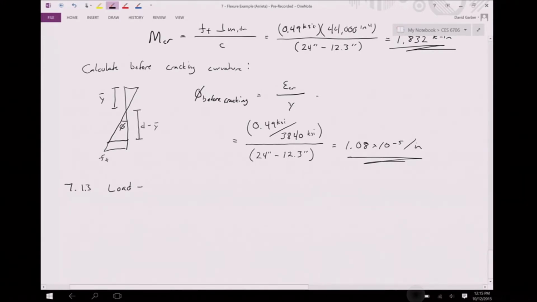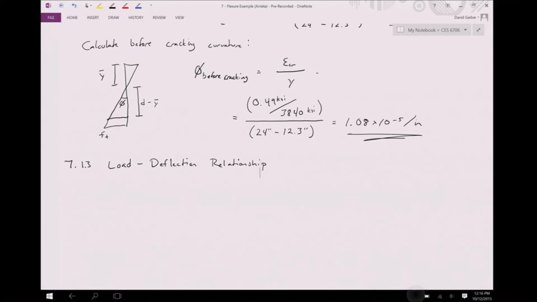Alright, so now we want our load deflection relationship. Okay, so for this we're going to need to calculate our yield curvature.